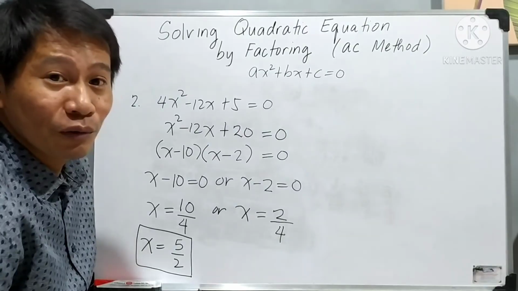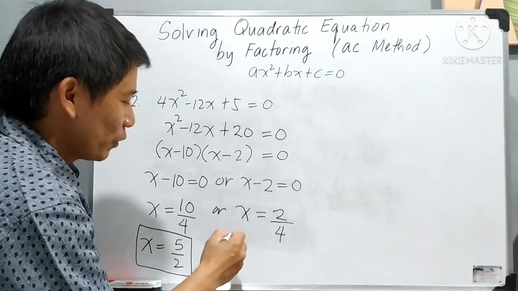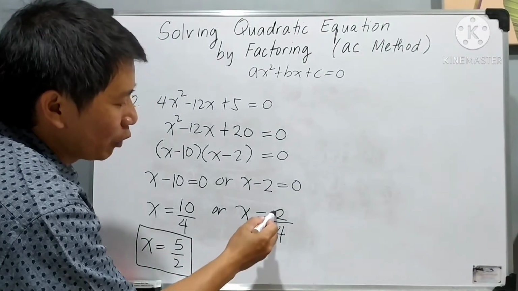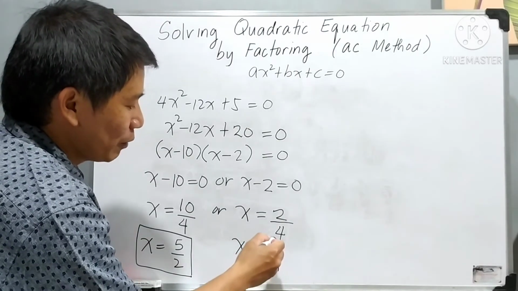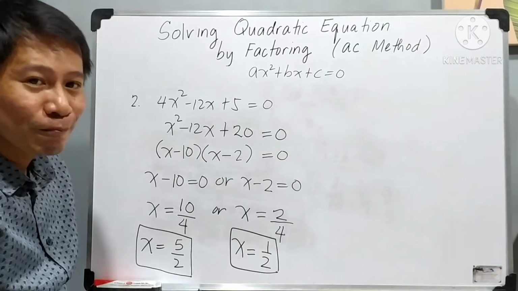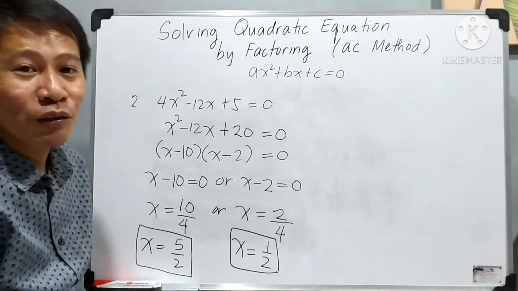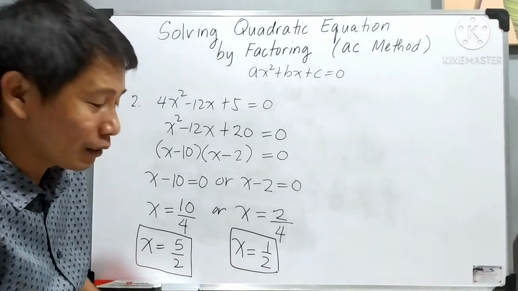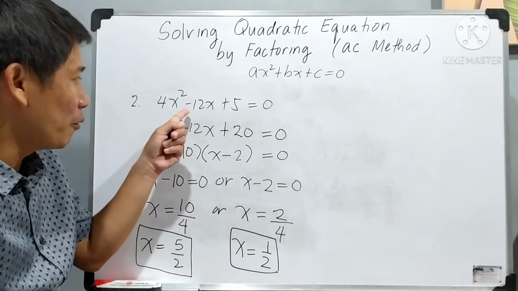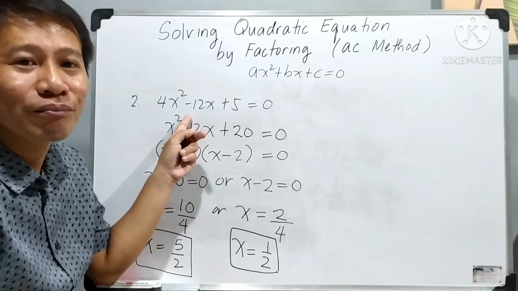So, we need to reduce it to lowest term. So, x is equal to, what is the lowest term of 2/4? That is 1/2. And this will be our second root. And these are our roots. So, pwede nyo pong i-check yan, i-verify by substituting these values of x in our original equation.